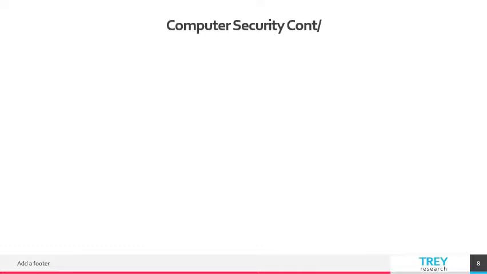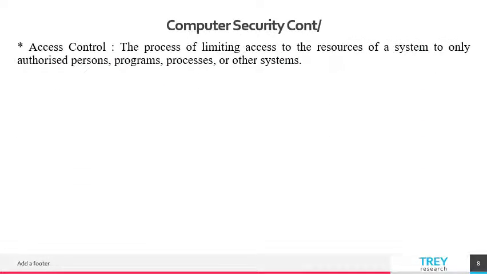Okay, we move on. Computer security continues. So, access control. If you remember when we were doing the introduction, we also touched a bit on access control. So what is this access control? Why is it important? Why are we mentioning access control under computer security? Access control is the process of limiting access to the resources of a system to only authorized persons, programs, processes, or other systems.